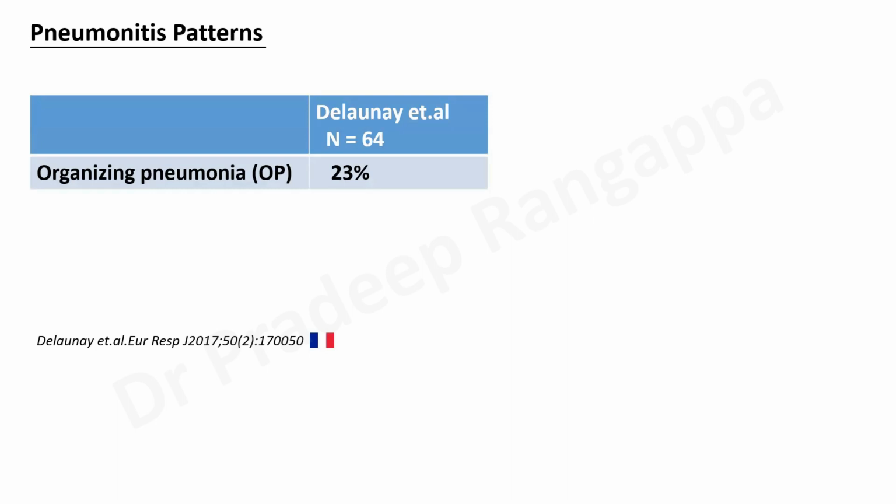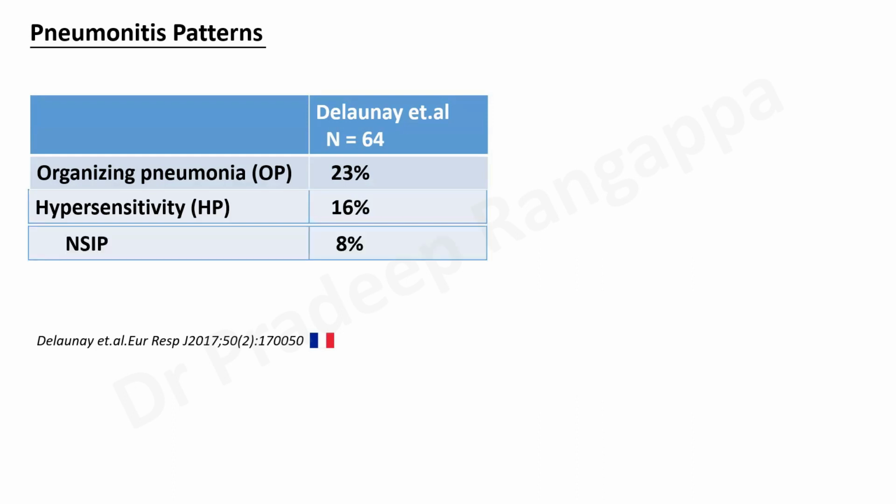Organizing pneumonia constituted 23%, hypersensitivity pneumonia 16%, and non-specific interstitial pneumonia 8%. Bronchiolitis happened in 6% of these patients. These are only due to checkpoint inhibitor pneumonitis, I'm telling you. So only drug related, only immunotherapy related pathognomonic findings in the lung.